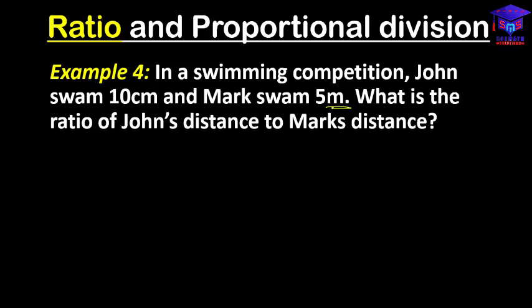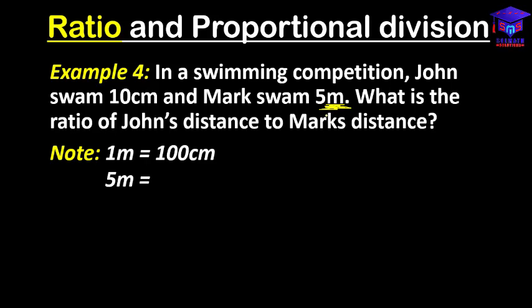Now we are going to change the meters over here to centimeters so that the two quantities will be having the same unit of measurement. So we have to note every 1 meter is equal to 100 centimeters. And so if we have 5 meters, what will it be in centimeters?